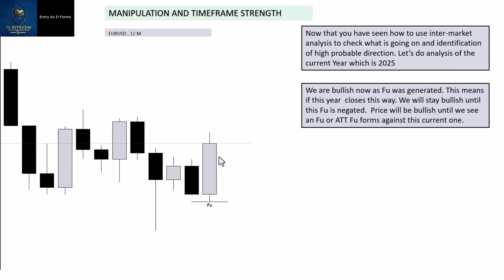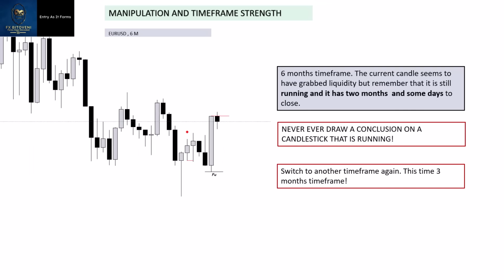So what can we do now? On a 6-month time frame, we see something like a purge. But pay attention to this: the current candle seems to have grabbed the liquidity, but it is still running and has 2 months and some days to close.